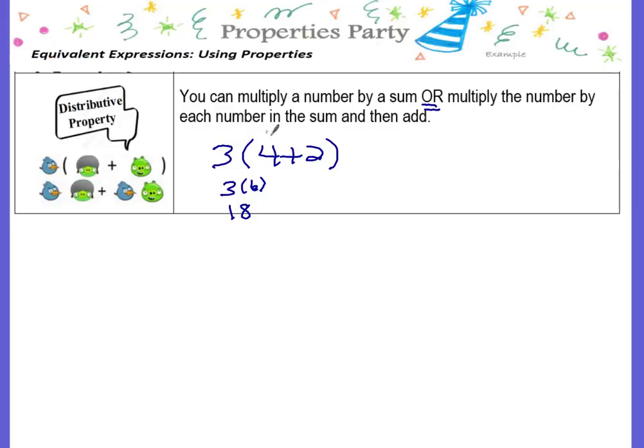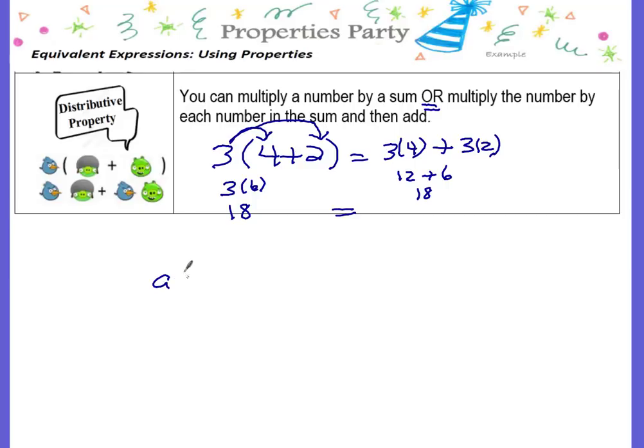Or you can do what we call distribute the 3 to each number inside the group. You can multiply 3 times the first number 4 and then add that to 3 times the second number, which is 2. And 3 times 4 is 12, plus 3 times 2 is 6. 12 plus 6 is 18. You get the same answer. This is called the distributive property.